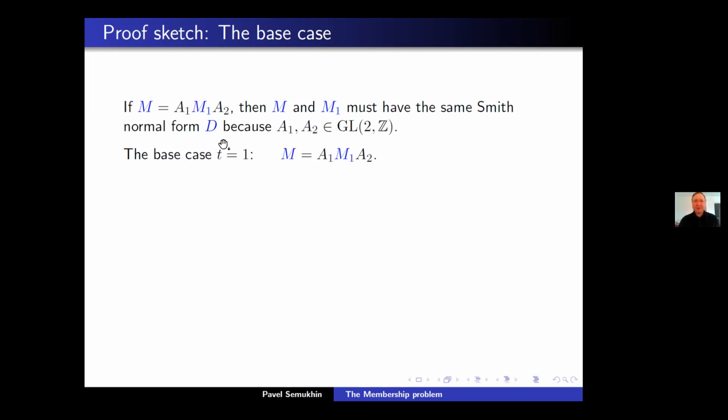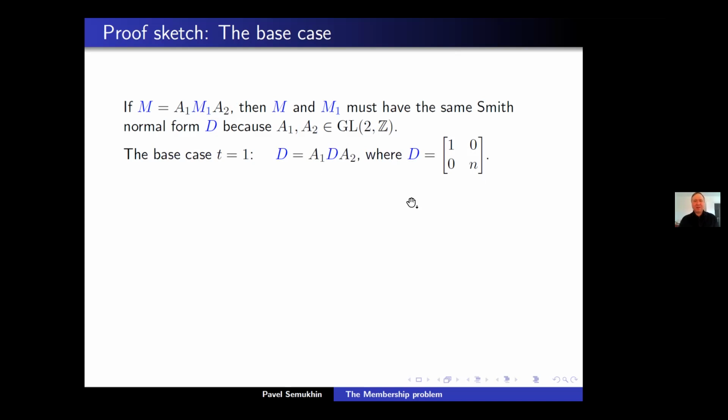So because of this, we can now reduce our case, this equation, to a simple equation where we have just the matrix D instead of M and M1. So using the previous theorem, we can transform this equation into a simpler equation, D equals A1, D, A2, where D is the diagonal matrix (1, n).